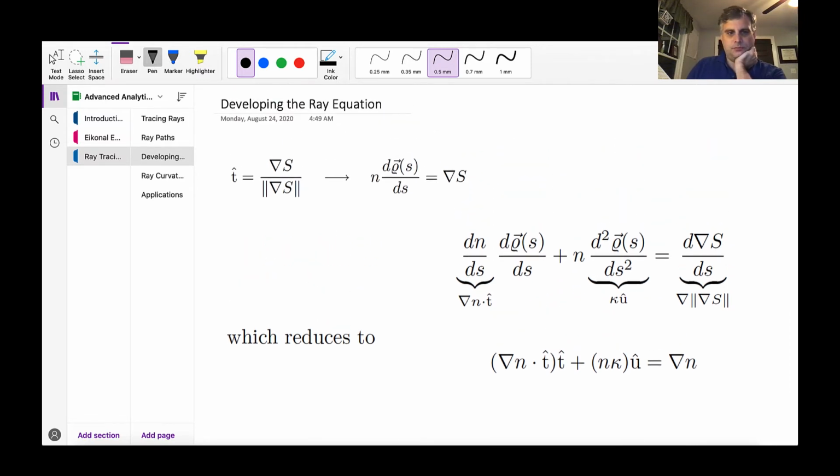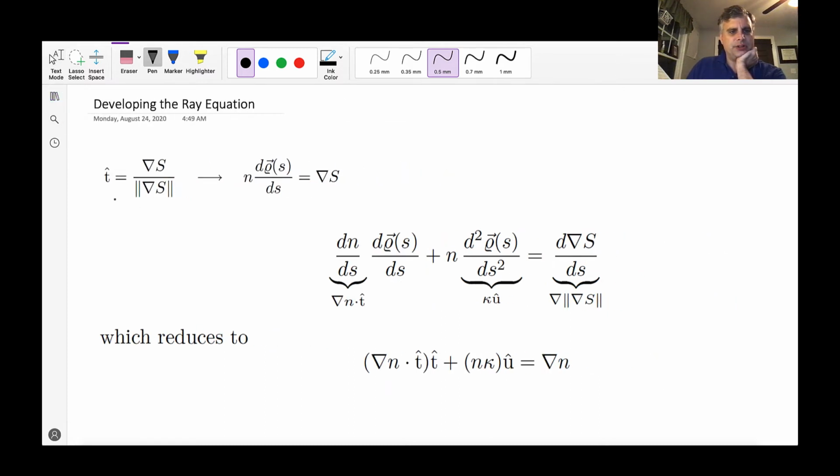Okay, so we already noticed earlier that t hat can be defined by the normalized gradient of the eikonal, and of course this is the index of refraction down here as well.